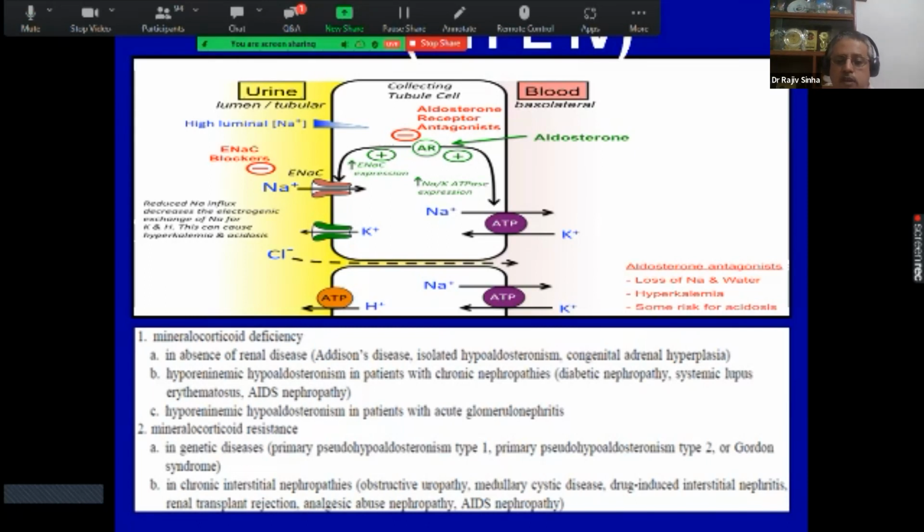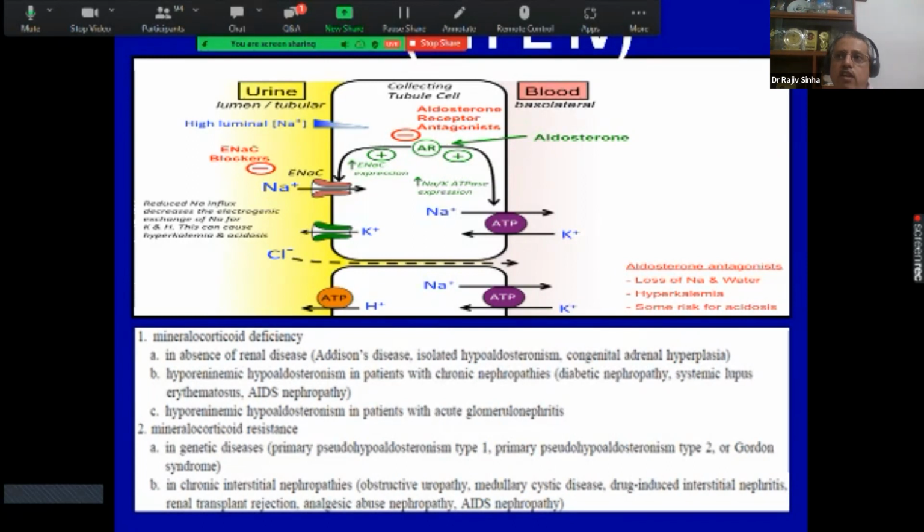pseudohypoaldosteronism type 1, which comes into your mind first. Why? Because the aldosterone is there, but there is a receptor problem. So that is pseudohypoaldosteronism type 1. But more common are things like obstructive uropathy, medullary cystic disease, interstitial nephritis.